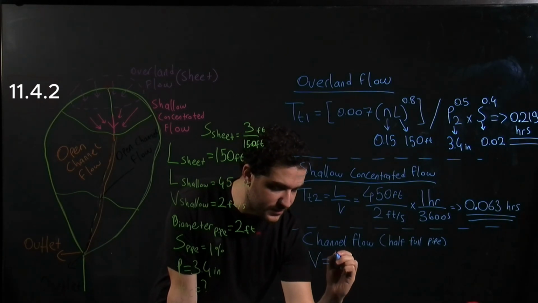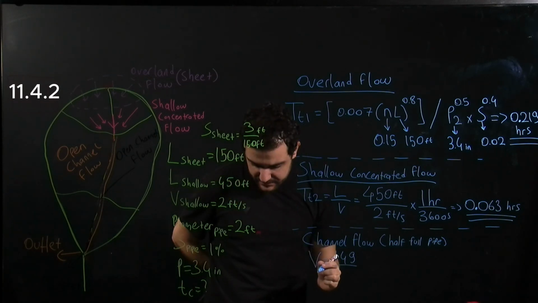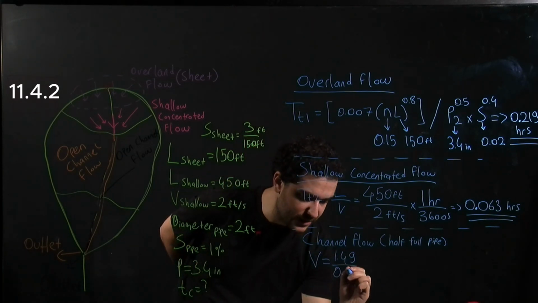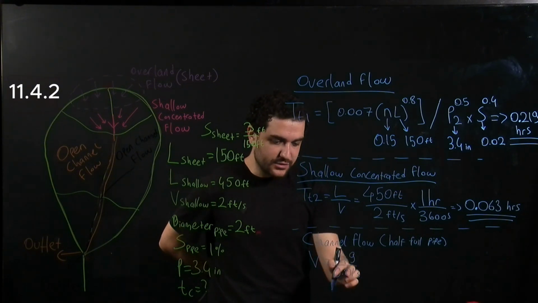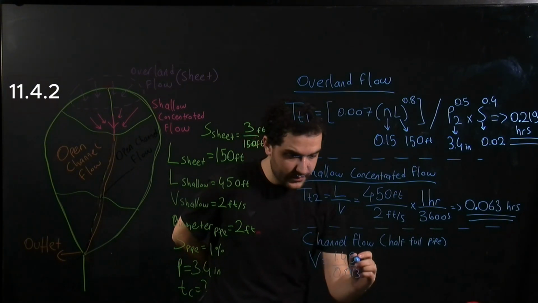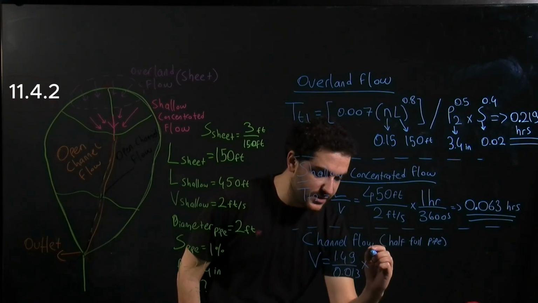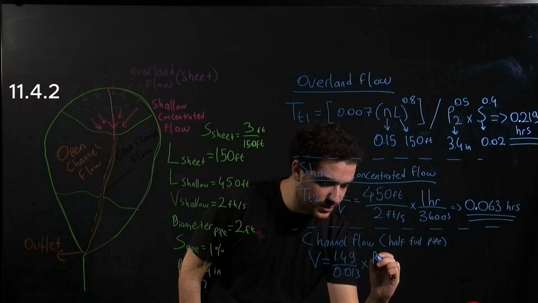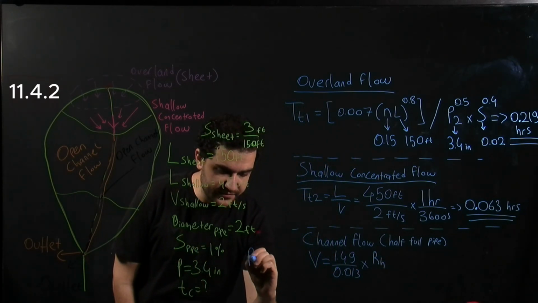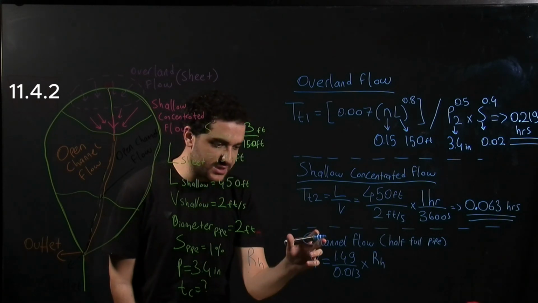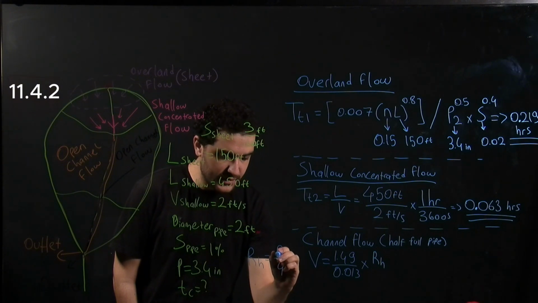So the velocity will be equal to 1.49, and the Manning value is 0.013. This is also from the table. We have the hydraulic radius, and for circular shapes it is D over 4.